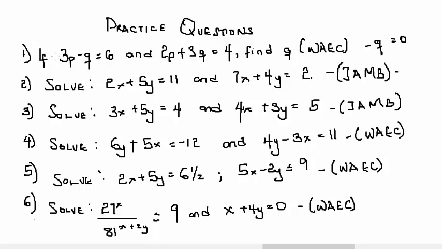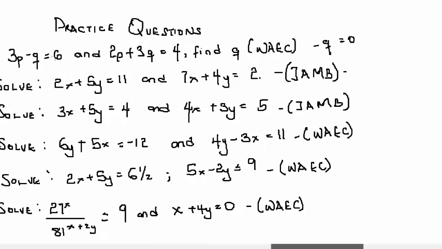And for the JAMB question, if you solve correctly, also you should have your x to be equals to minus 34 over 27, and your y should be equals to 73 over 27.